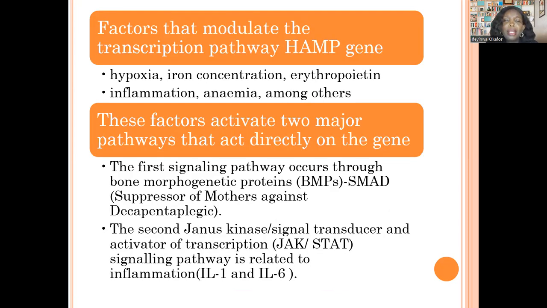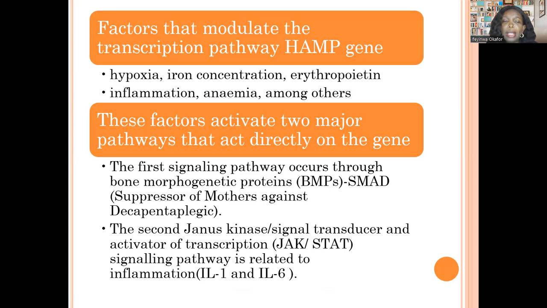There are factors that modulate the transcription pathway of the hepcidin antimicrobial peptide gene. Remember I said earlier that the hepcidin antimicrobial peptide gene, found on chromosome 19, is the gene that encodes the production of hepcidin. And there are certain things that modulate the transcription pathway of this HAMP gene.